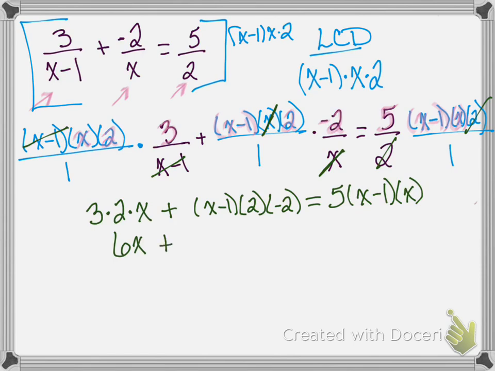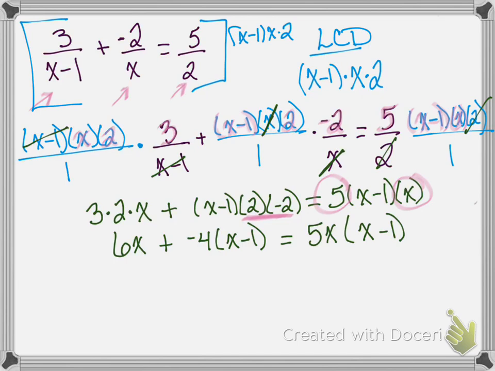Now here, what is 2 times negative 2? Negative 4. So I'm actually going to write that down first because that's what I've got to distribute to my x minus 1. Now, I've also got a 5 right here and an x right here. I'm going to write that down first because that's what I have to distribute to my x minus 1.